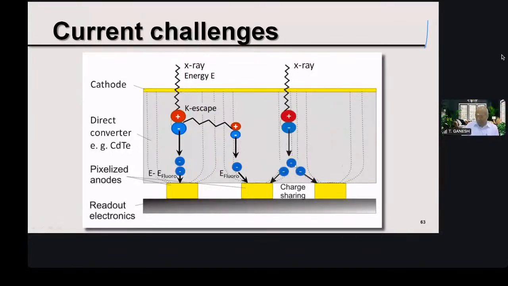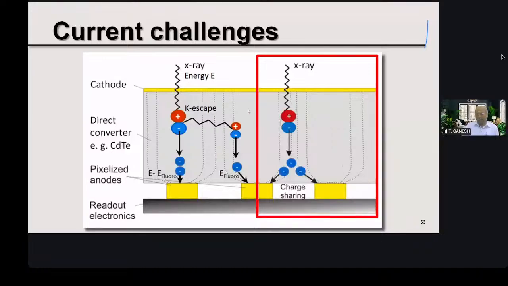But when the interaction is very close to the edge of two adjacent pixelated anodes, part of this electron cloud will come here, producing a signal of half of that, and another part will go to this anode, producing another signal here. So, if the incoming photon is 50 keV, 25 keV will be recorded here and 25 keV will be recorded here. I am just giving an example. So, it is not correct. This is another challenge.